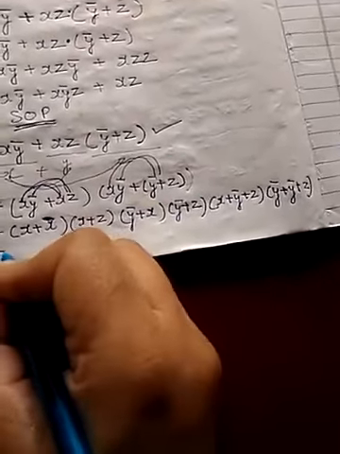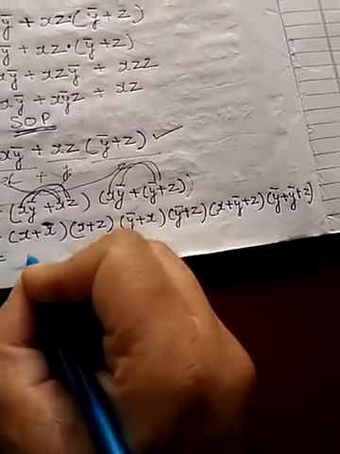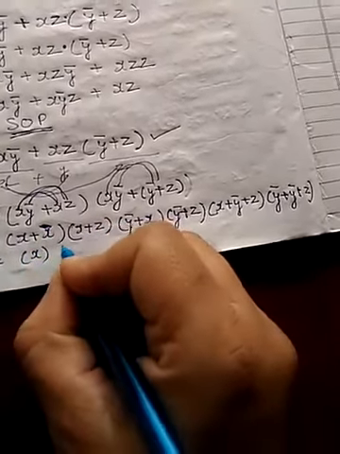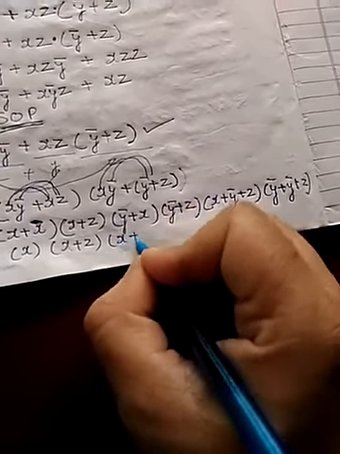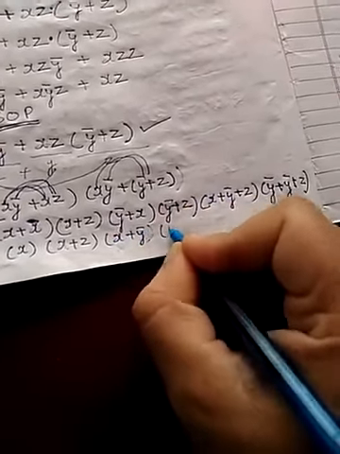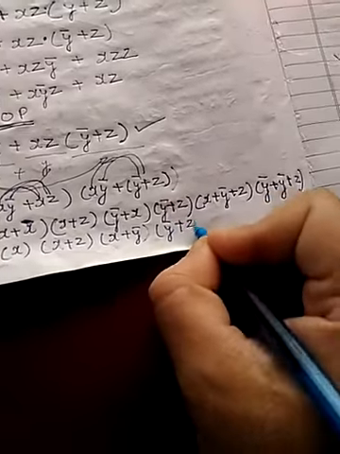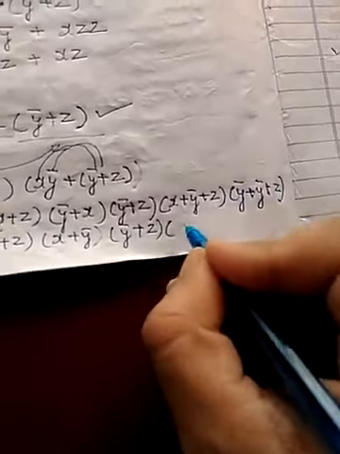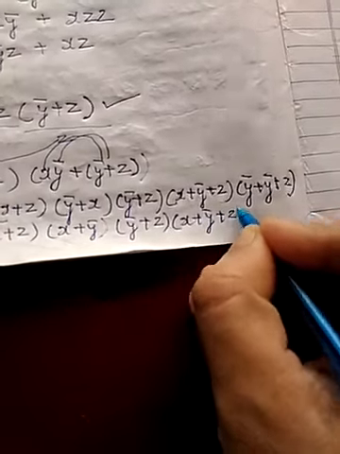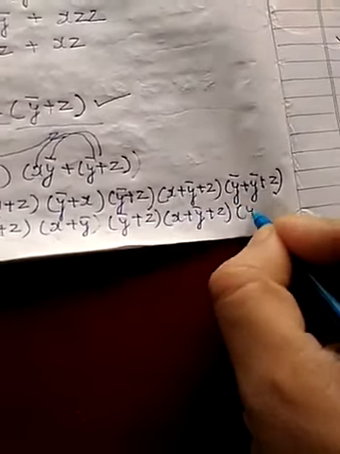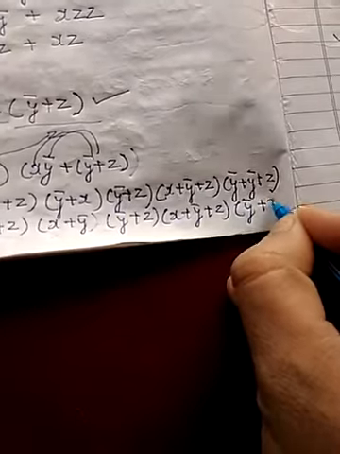Let us simplify it. X + x is x, it is x + z, it is x + y', it is y' + z, it is x + y' + z, y' + y' + z, so y' + z.